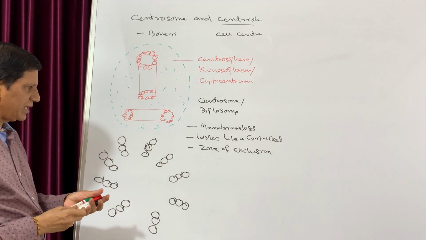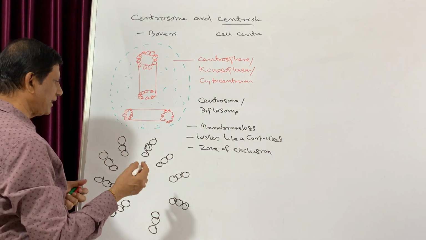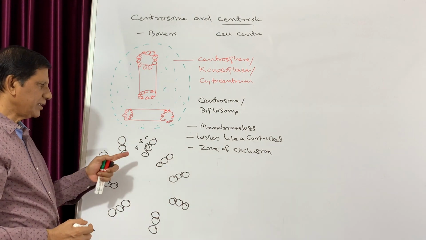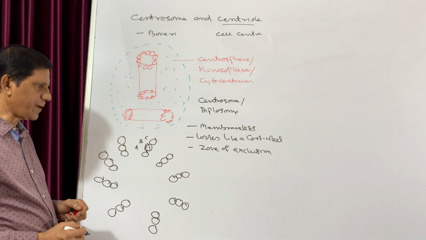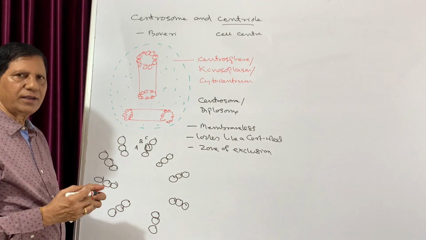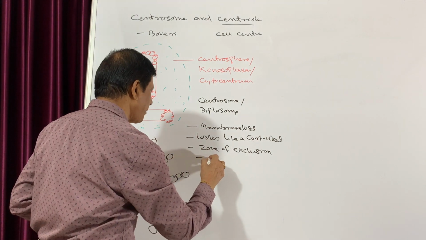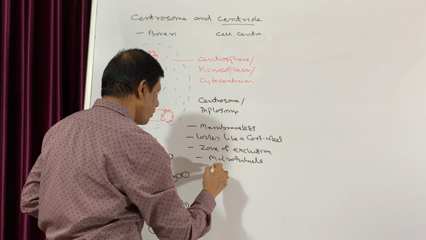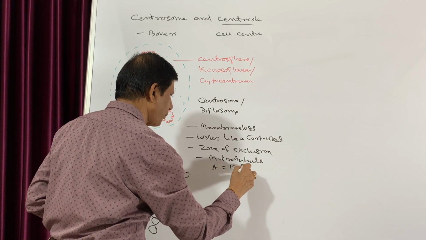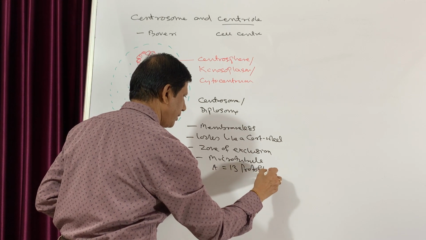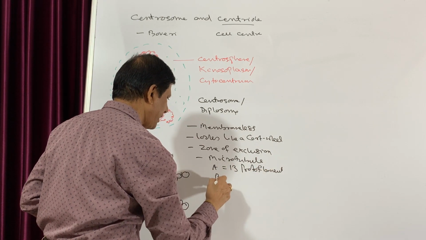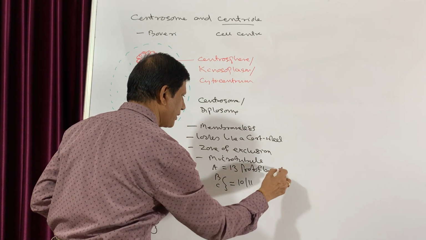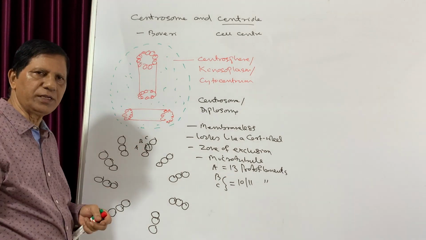So likewise, there are 9 peripheral triplets, and they are designated as A, B, C. That means these 3 are known as peripheral triplets, and each one is a microtubule. While A has 13 protofilaments, B and C, they have either 10 or 11 protofilaments, because they are fused with this.